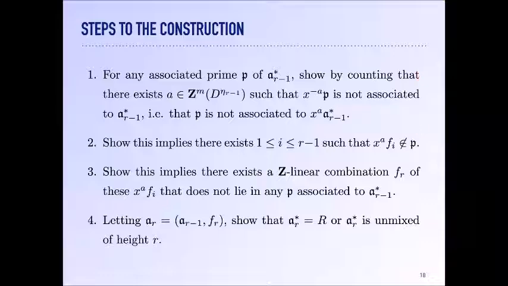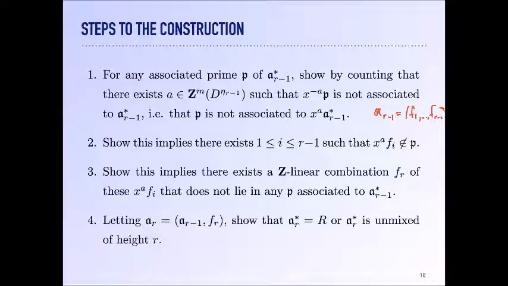Okay. So then you show that this implies that there exists one of the generators of the ideal. So what is FR? AR minus 1 is generated by F1 through FR minus 1. The fact that P is not associated to x to the AR minus 1 star implies that x to the A phi is not contained in P. That's easier to do.